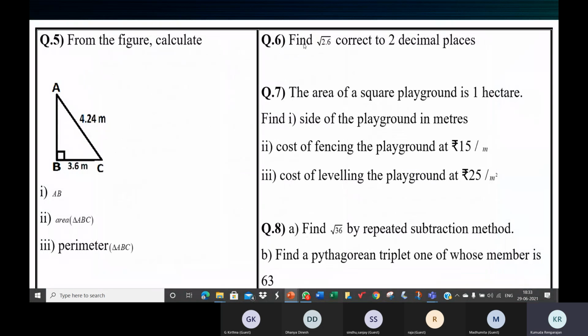So next class, we'll wind up with squares and square roots. And if time permits, we'll start with the next chapter, understanding quadrilaterals. I'll share the remaining videos, and you must understand.